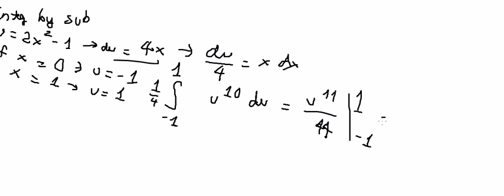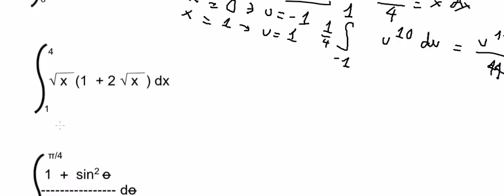So you get 1 over 44 minus, and we have a minus in here, so you get positive 1 over 44. We add the two numbers together, you get 1 over 22.